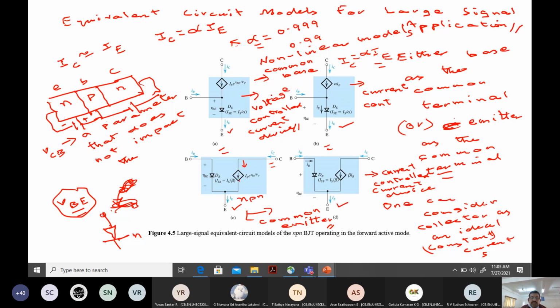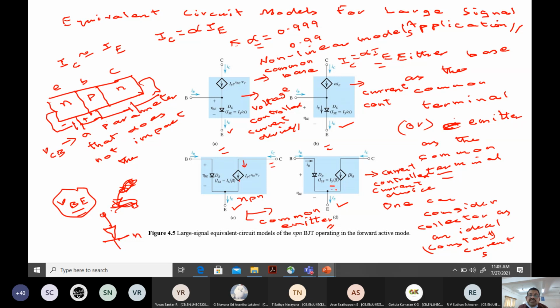The top two correspond to common base, and the bottom two correspond to common emitter. The left corresponds to the voltage control device, and the right corresponds to the current control device.